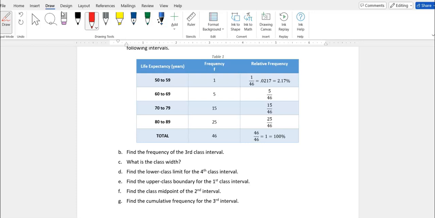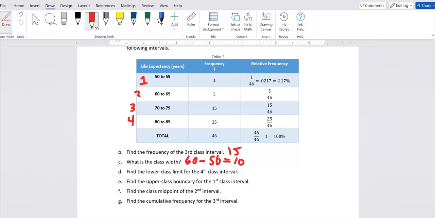I'm going to have the first interval, the second interval, the third interval, the fourth interval, and there's only 4 intervals here. So find the frequency of the third interval. The third interval is going to be the number 15. Next, what is the class width? The class width is the difference between the intervals. In this problem, we have 60 minus 50, as we talked about earlier, so the class width is 10.